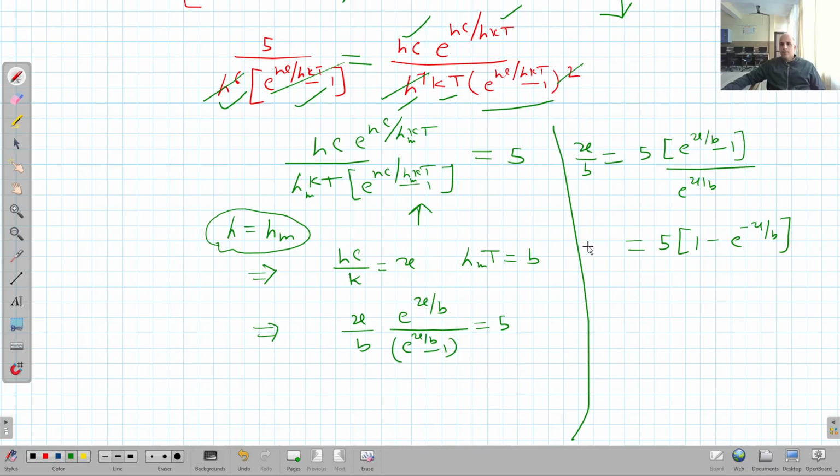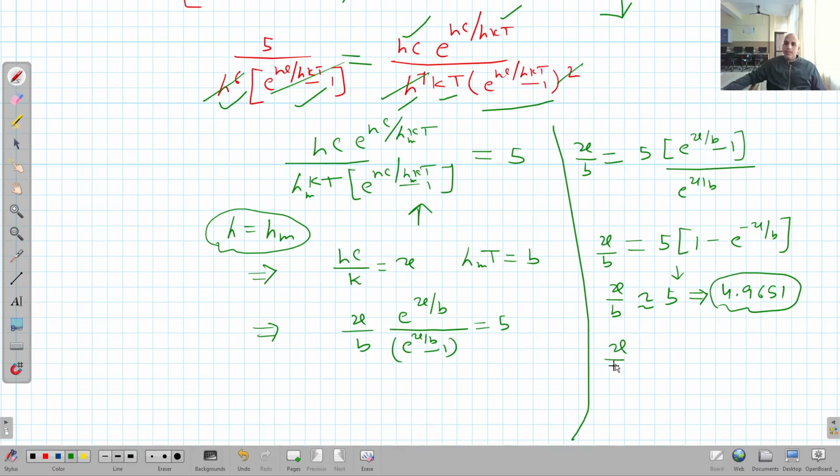This is x upon b. So you can see here the value of x upon b is nearly equal to 5, because it is 5 into 1 minus something. So we can consider it 5, but the exact value is 4.9651, and I am considering this value here.